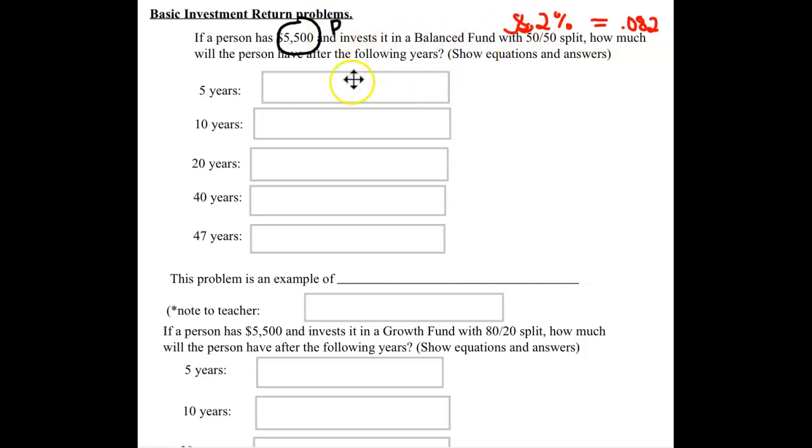So we're going to set up our equation here. We said our equation was amount equals our principal times 1 plus our rate of return to the x power, and x was our time. So we have 5,500 as our principal. Our interest rate, or our rate of return, was 8.2%.